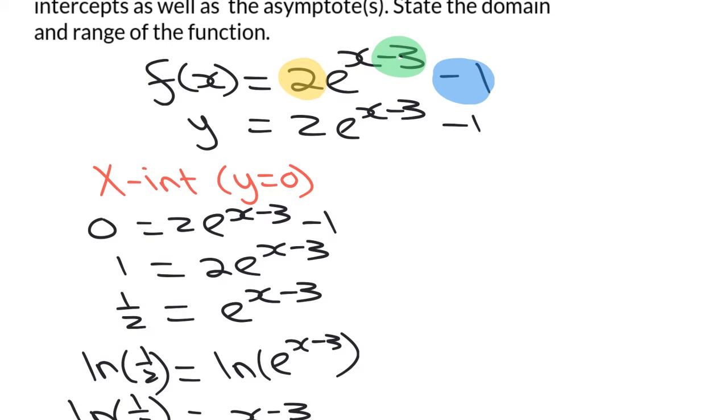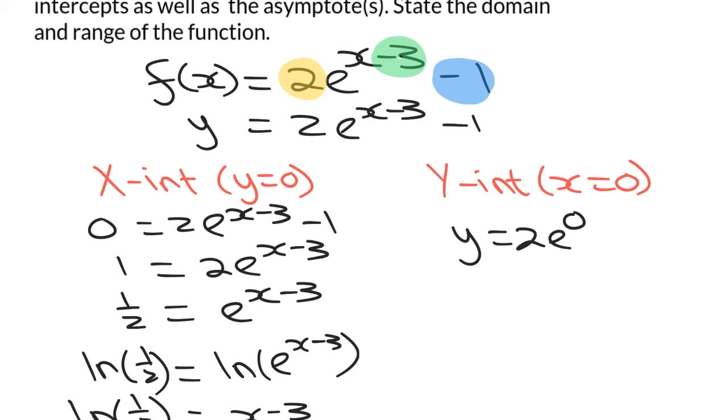Now let's calculate the y-intercept, and how do we find that? Well, we set x is equal to 0. So here we have y is equal to e to the power of 0 minus 3, minus 1.